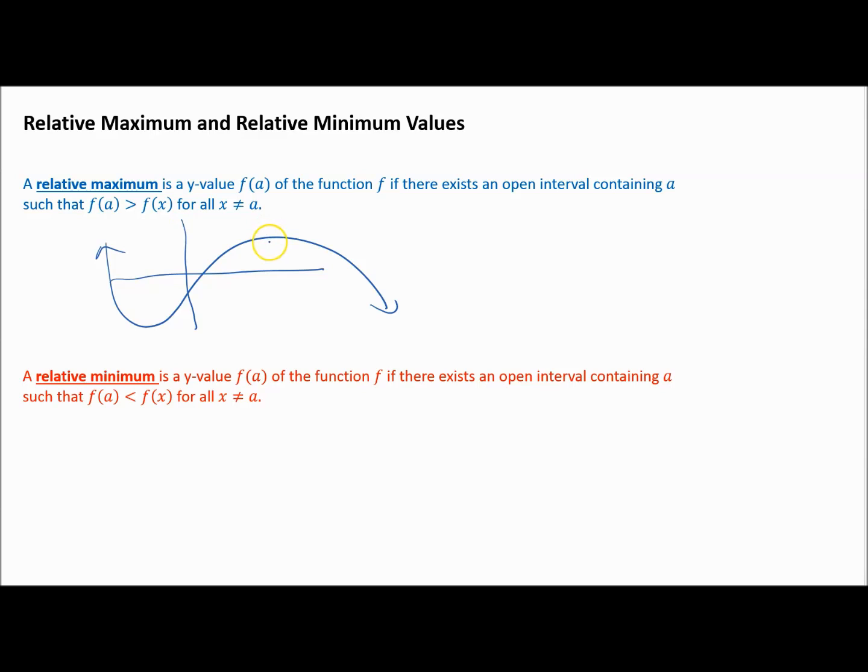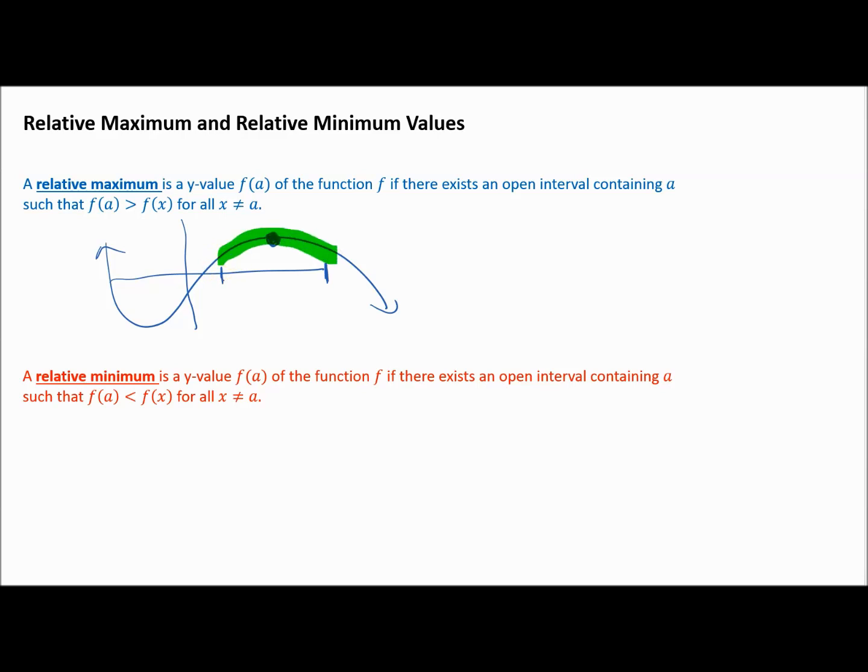Now I'm going to show you that this is what I mean right there. Because if you look at this little interval, let's just look between this x value and this x value. Ignore the rest of the graph. So only look between here and here on the graph.